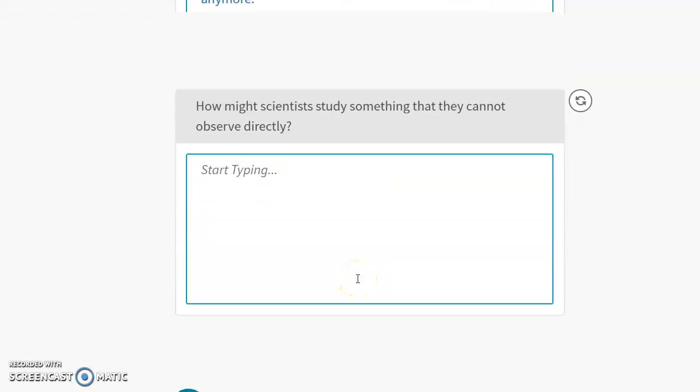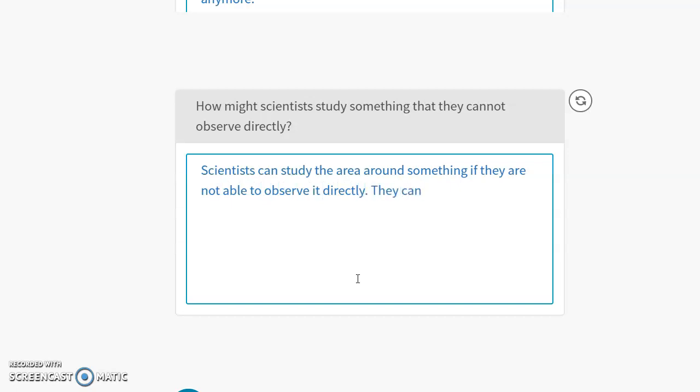How might scientists study something they cannot observe directly? Scientists can study the area around something if they are not able to observe it directly. They can study what remains behind after that time period.